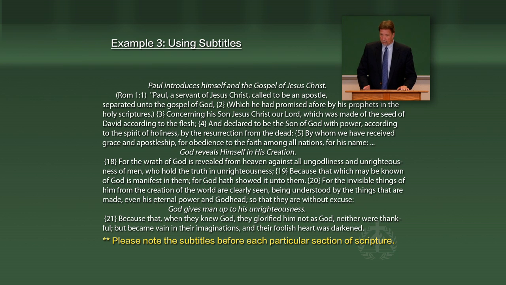However, many of these study Bibles show a change in subject matter. The Expositor Study Bible has titles or subtitles throughout, giving us an indication of where a new subject has begun. So it might be a Bible that you could use to help notify yourself that, hey, in this portion of the chapter, a new idea has started.